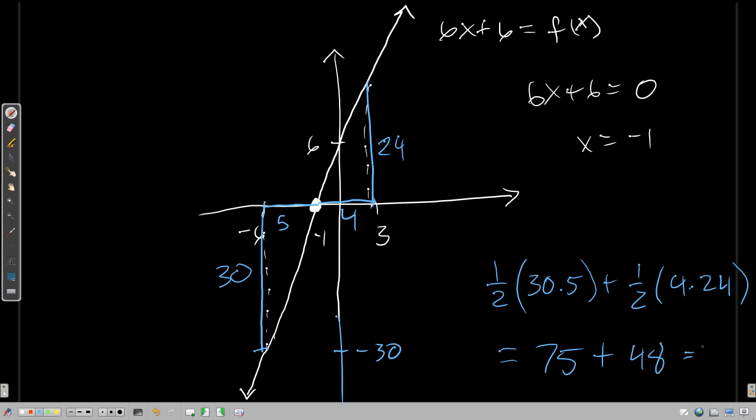Altogether, 123. So that positive area, not letting them cancel, the positive area is 123.